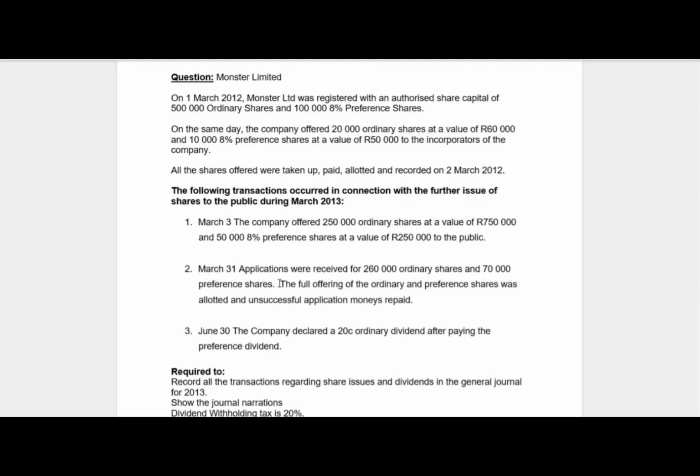The full offering of the ordinary and preference shares was allotted and unsuccessful application monies repaid. So we repaid people who are unsuccessful, or what we cannot offer, we refund, right? So we are going to record this question.